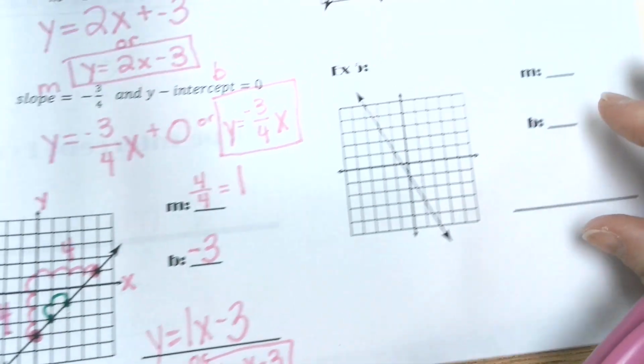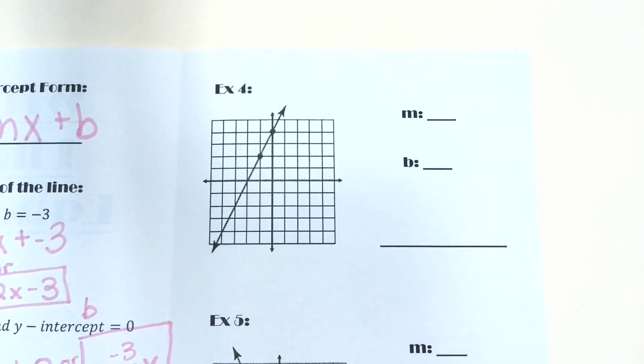Alright, we got 2 more examples. Go ahead and find your m and your b. Write your slope.